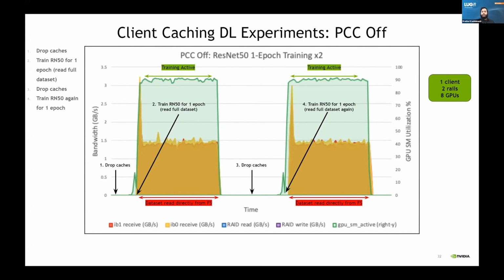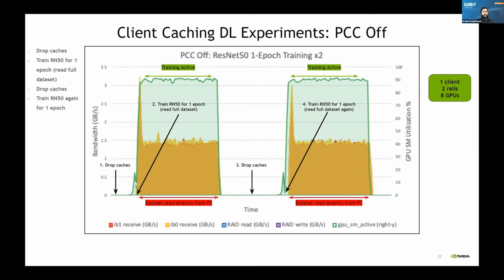So this chart right here is an overlay of a couple of different metrics. In the same chart, we have the InfiniBand storage interfaces traffic that is coming from the file system. We have the RAID read and write performance, as well as GPU utilization to show where training is actually occurring. So in this case, we're showing the PCC off, the baseline configuration. We start by dropping the caches in step 1.